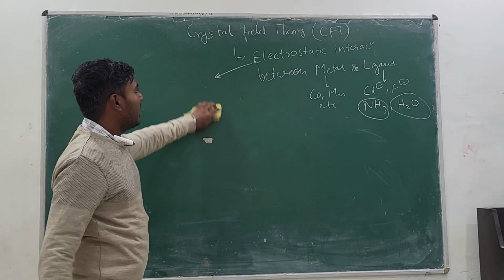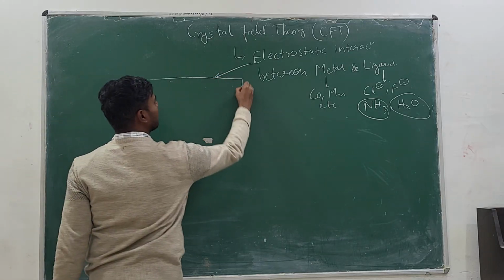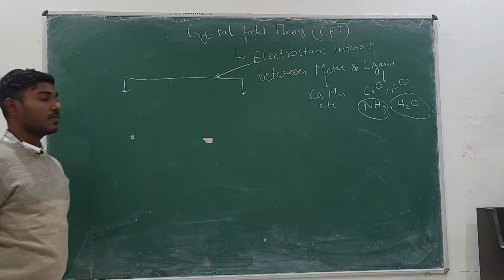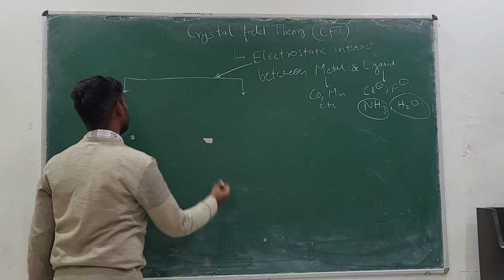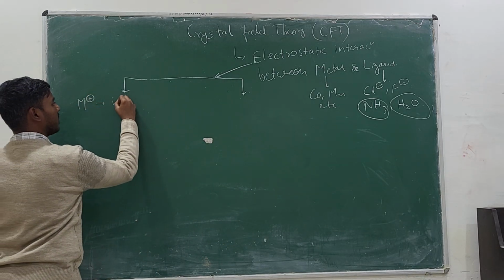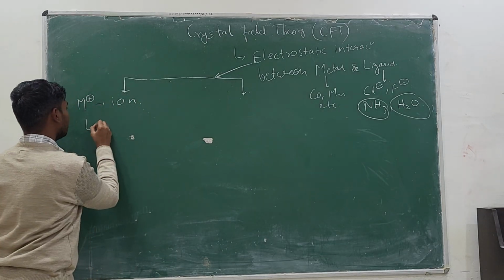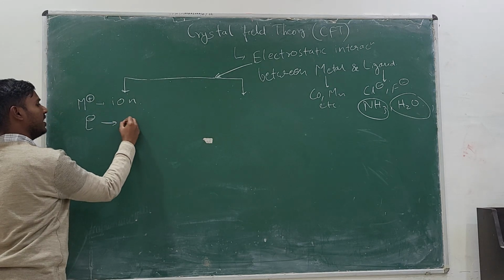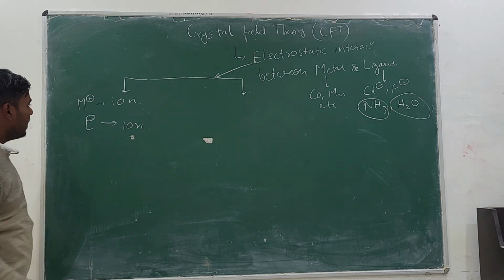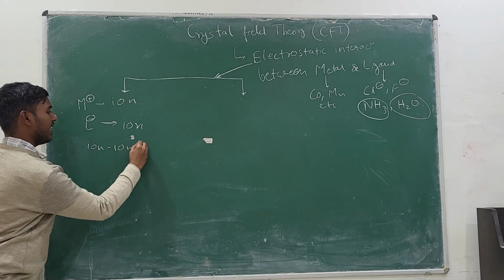So in our electrostatic interactions, there are two types of interactions taken into account by the crystal field theory. When our metal is charged, so it is in an ionic form, and when our ligand is also charged, it is also an ion. So in this case there is ion-ion interaction.